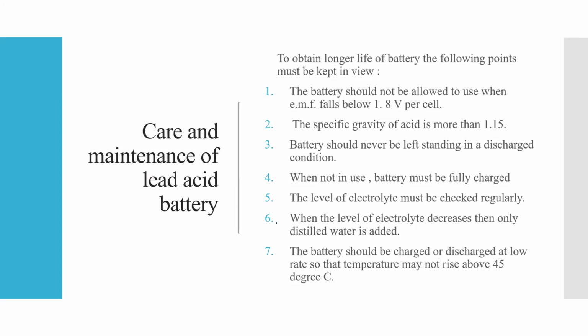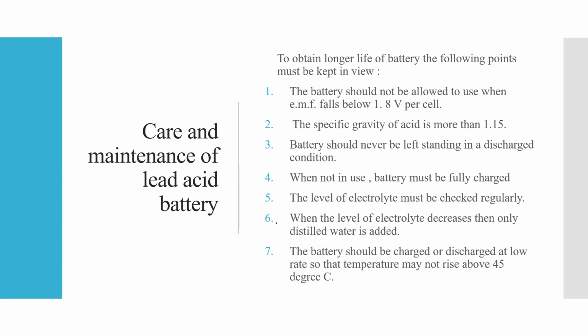Now, we always want our battery to run for a long time. For example, if it is your two-wheeler or four-wheeler, then we want the battery to work for at least 4 to 5 years. In fact, many batteries have 3-year warranties or guarantees sometimes.